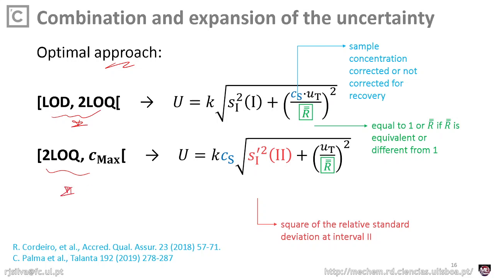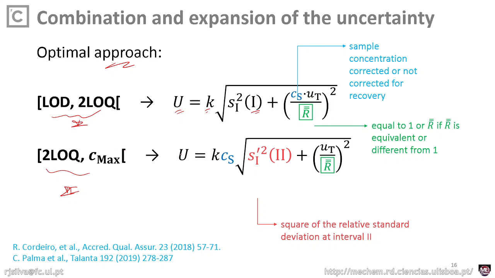In interval 1, the expanded uncertainty of your measurement result is a coverage factor times the square root of the square of the intermediate precision standard deviation at interval 1, and then you have the sample concentration, corrected or not corrected for recovery depending on that t-test, times the standard uncertainty for trueness. And here the overall mean can be 1 or the overall mean itself, depending on the t-test too.